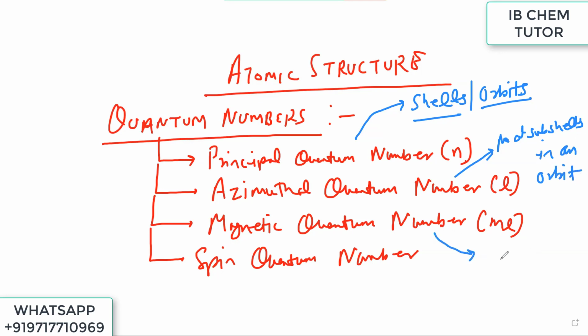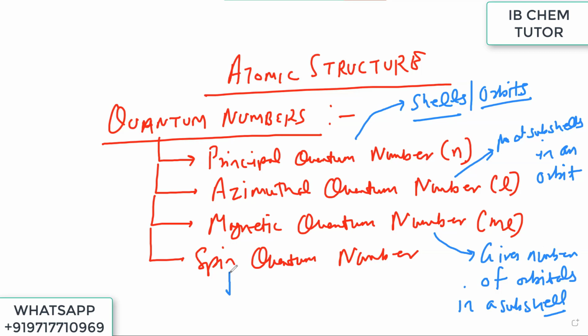Magnetic quantum number gives the number of orbitals in a subshell. And this spin quantum number is about the electrons that you are going to fill in the orbitals. Okay.